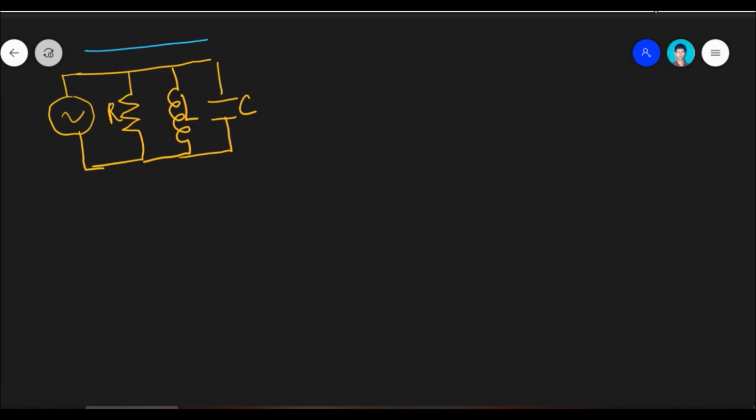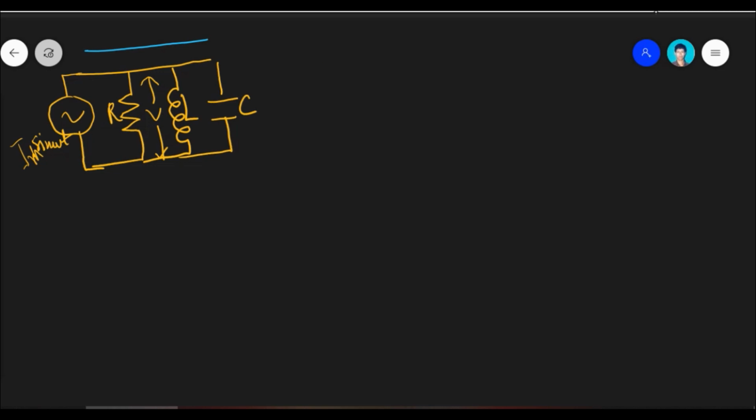Here we have one Im sin omega t, and we are interested in observing the locus of this.